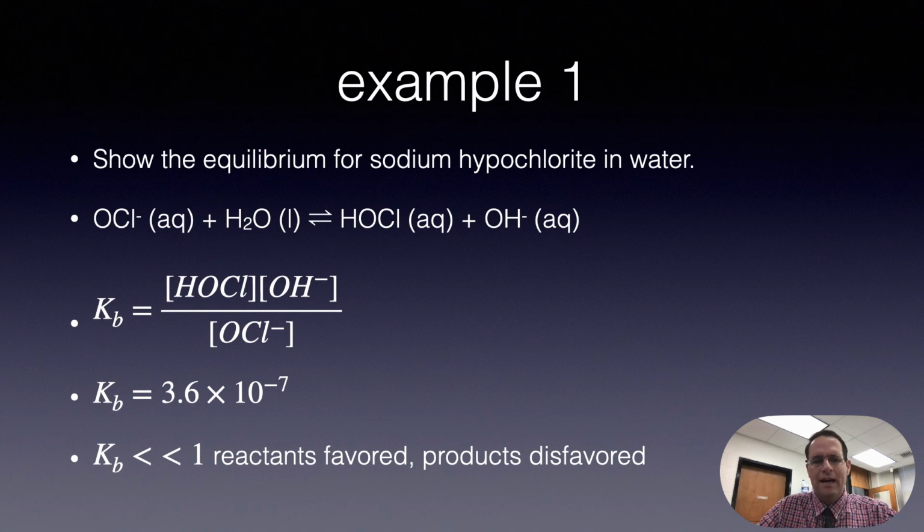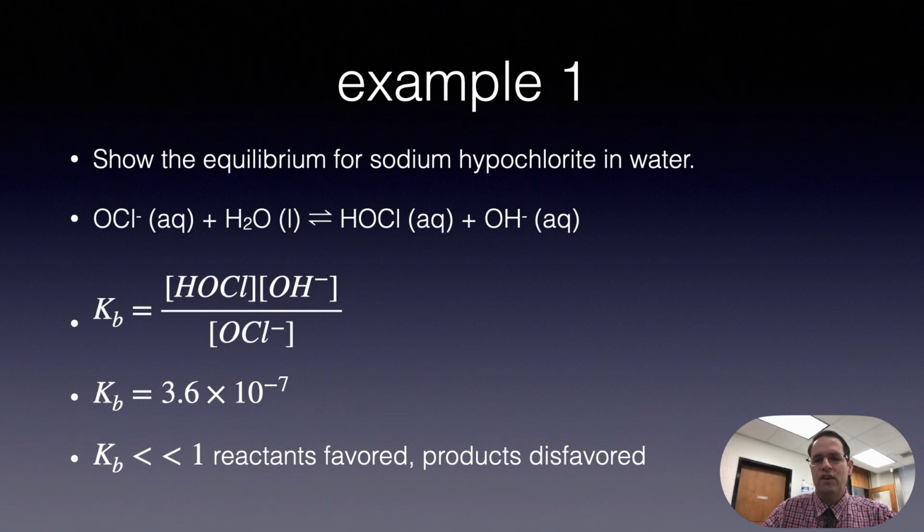So sodium hypochlorite is in equilibrium with hypochlorous acid and hydroxide ion. And the Kb for this is products over reactants, okay? And we know that the Kb is 3.6 times 10 to the minus 7 by referring to our handy acid-base table.